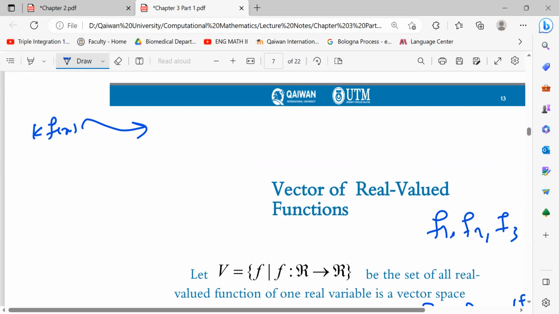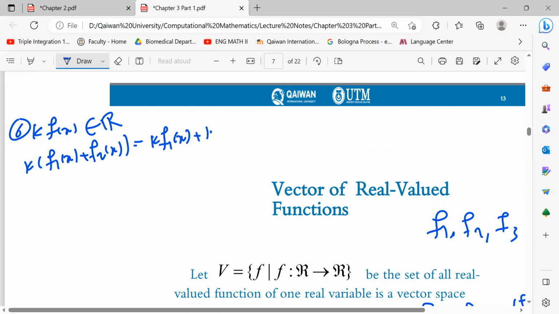So k f of x is in R, it's from R to R. If x is any value and k is any value, we get a real number. That is number 6. Number 7, k times f1 of x plus f2 of x must equal k f1 of x plus k f2 of x. It's easy to prove that.